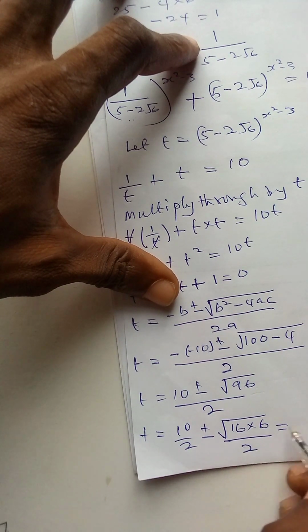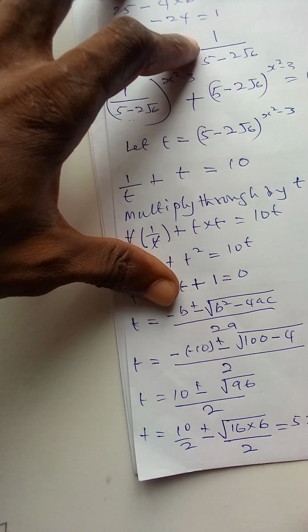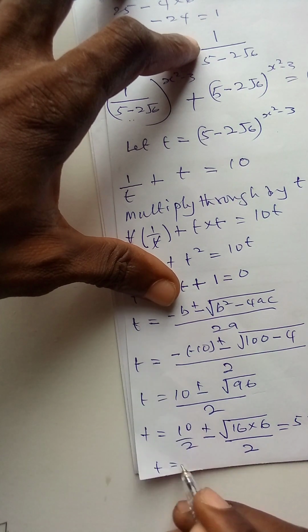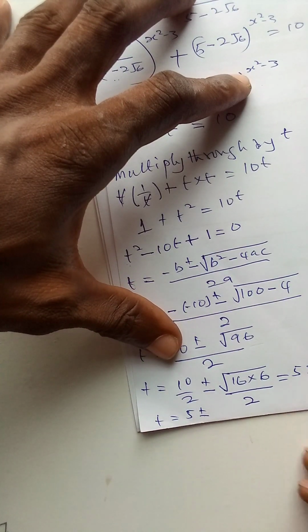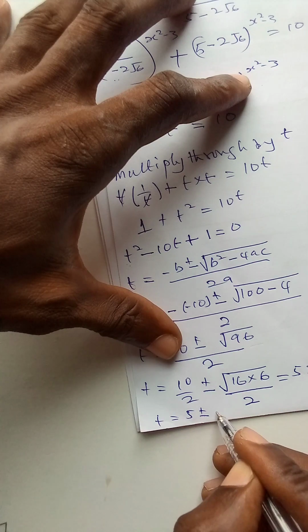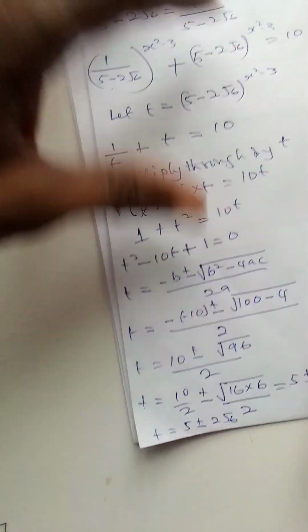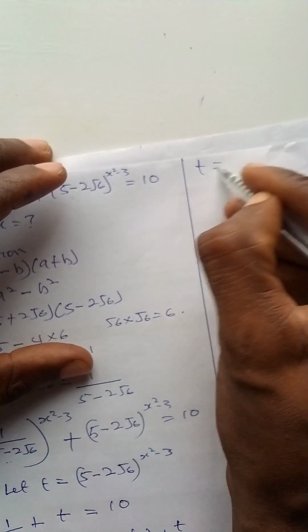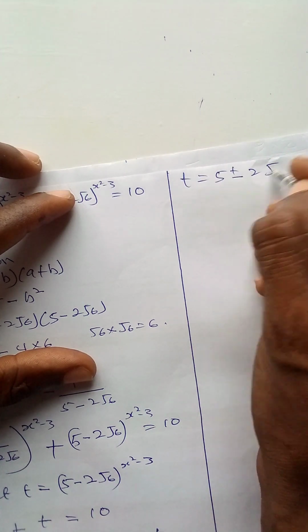Now, 10 divided by 2 is 5 plus or minus root of 16 is 4, remaining √6, all over 2. So t becomes 5 plus or minus 4 divided by 2, which is 2√6. So what I have here is still these expressions. So my t is 5 plus or minus 2√6.